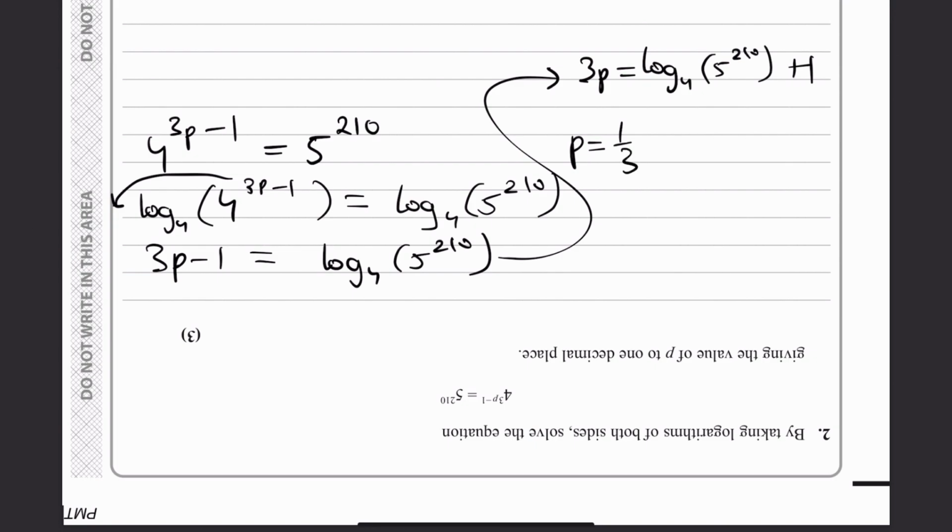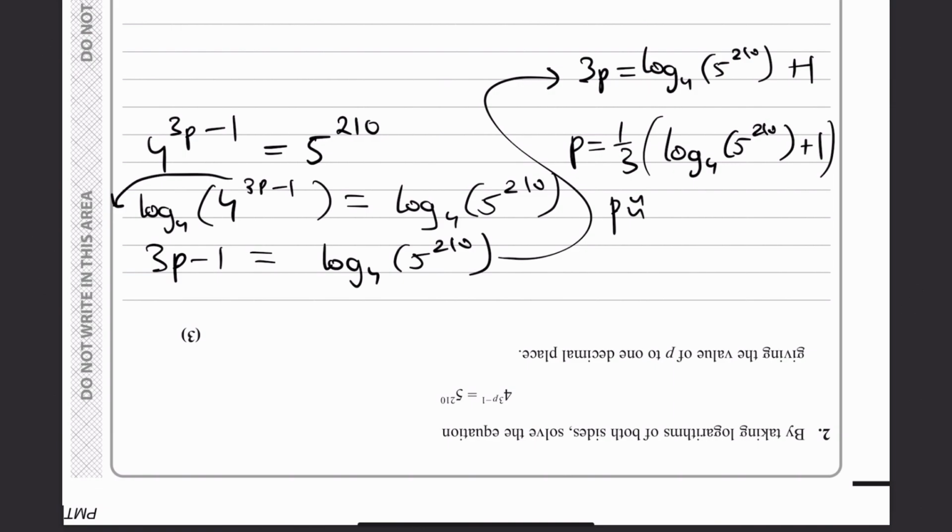And wait, what does it want me to do? Given the value of p to 1 decimal place. Okay, so it does want me to actually work it out. So let's just put all of this into a bracket. p is going to be approximately 1/3 multiplied by log base 4 of 5 to the 210, plus 1.